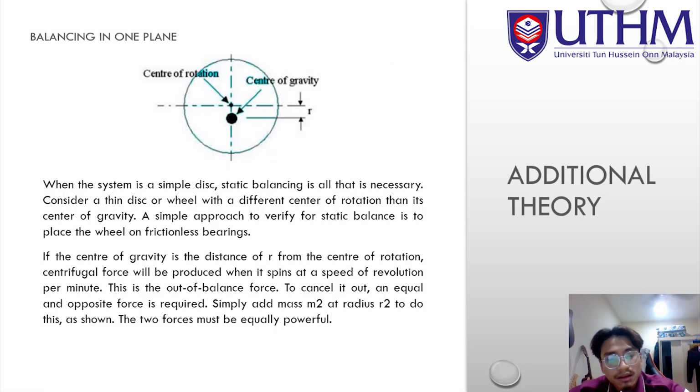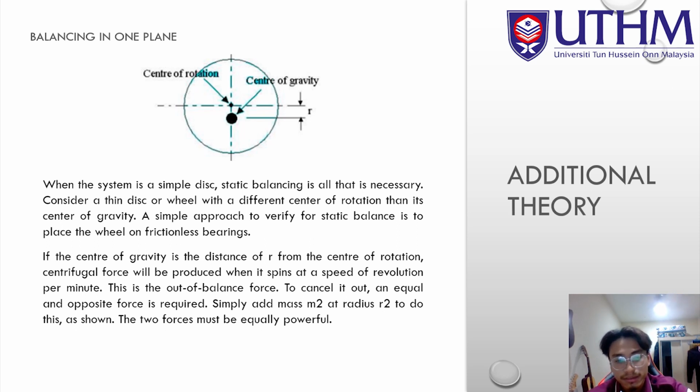Next is the additional theory for balance in one plane. As you can see, the figure shows one plane of rotation at the center of gravity. When the system is simply this, static balancing is all that is necessary.